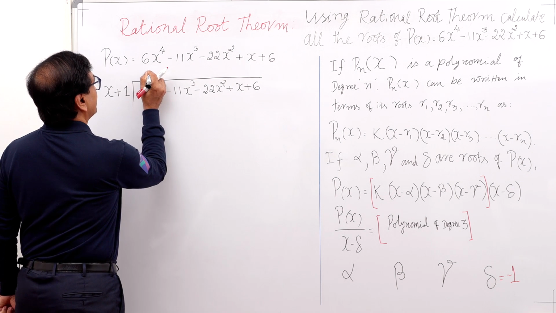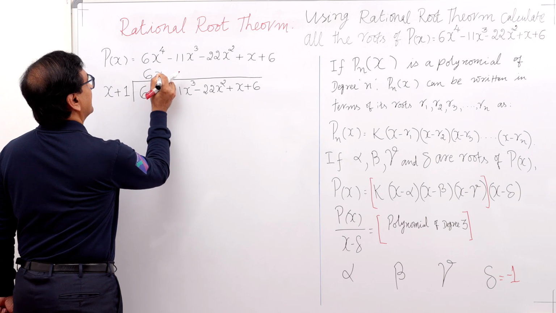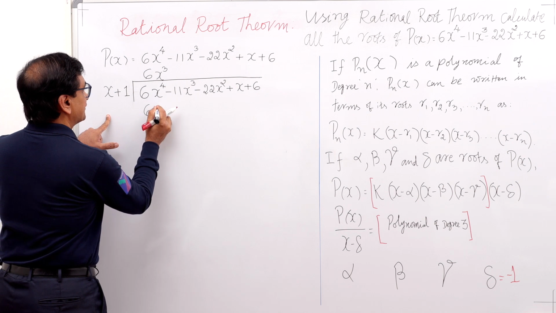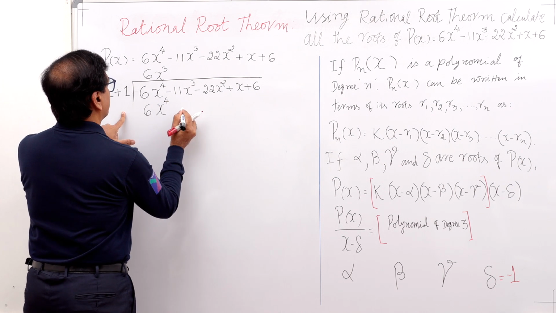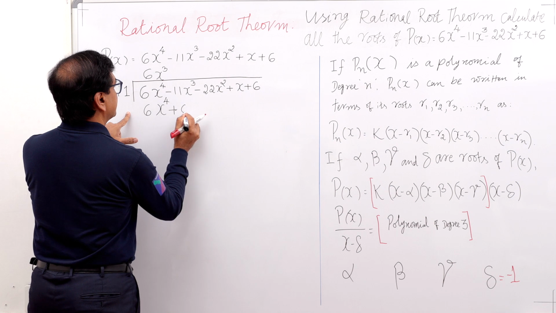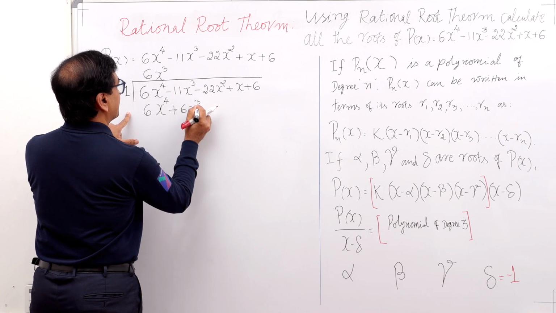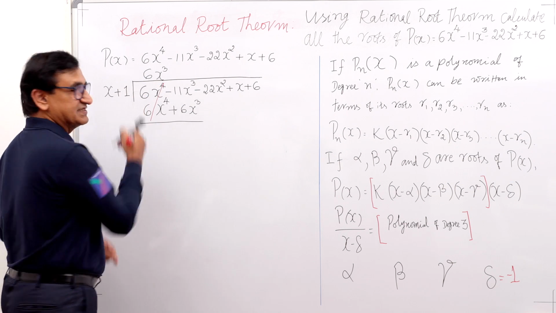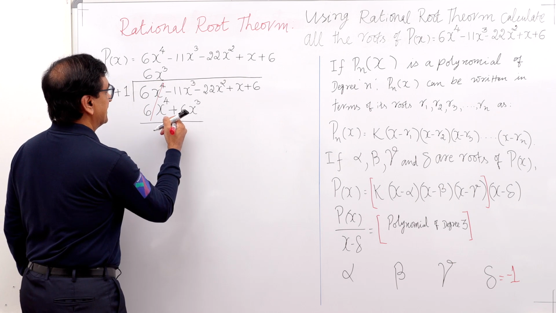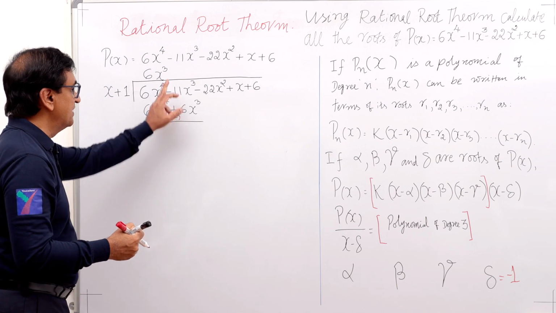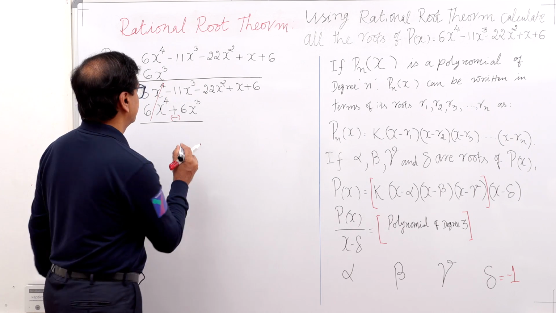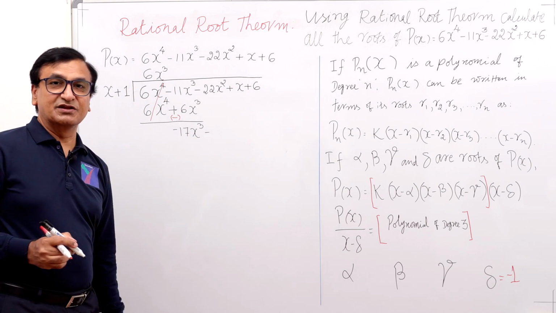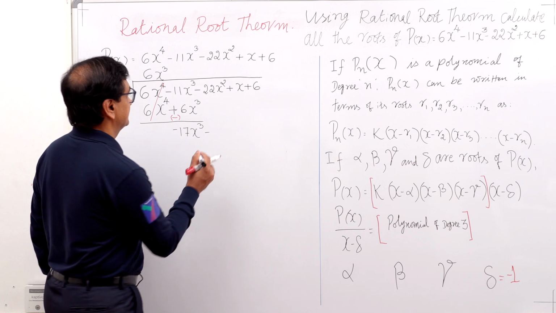So I have to supply 6x to the power 3, right? So this will become 6x to the power 4 plus 6x to the power 3, right? So this gets cancelled. So plus becomes minus. So this will become minus 17x to the power 3. Then I bring the entire remaining terms down, right?